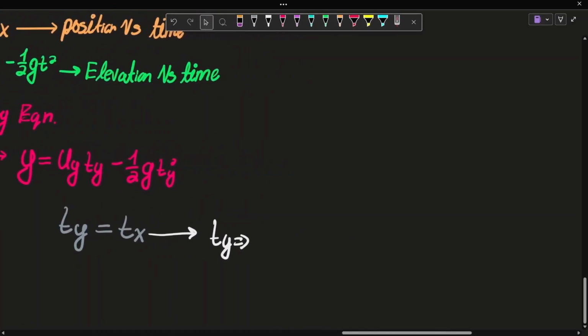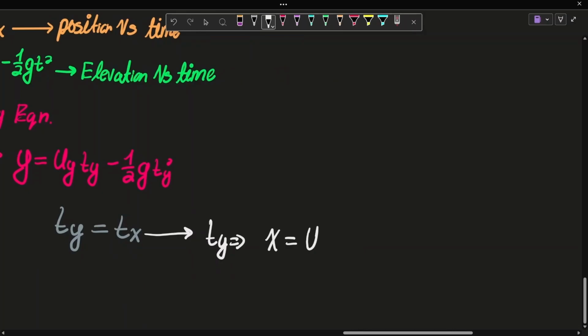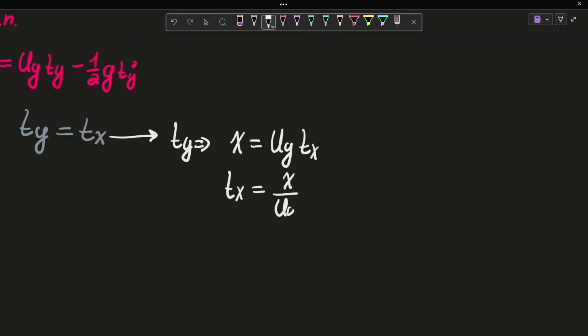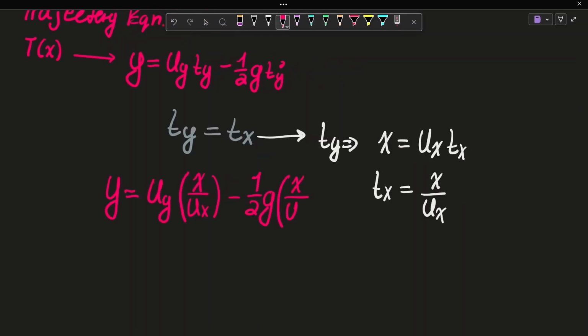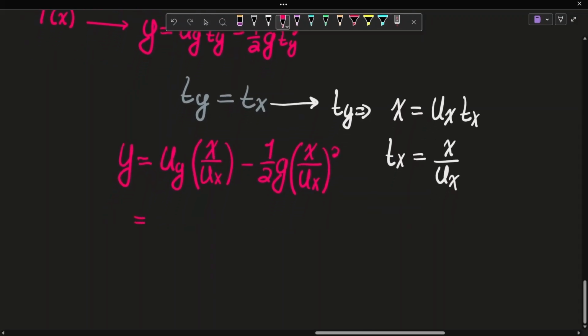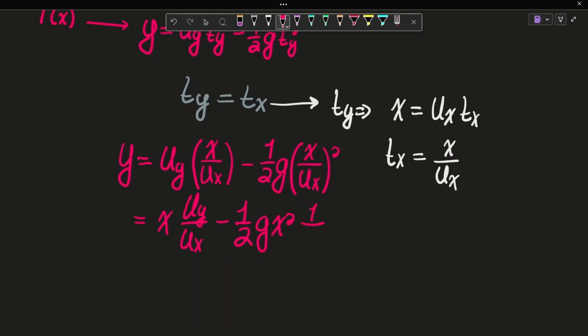We can derive from here, since x is equal to ux t, substituting back into here, we get that y is equal to x over ux, squared. So then we get x times uy over ux minus 1/2 g x squared over ux squared.